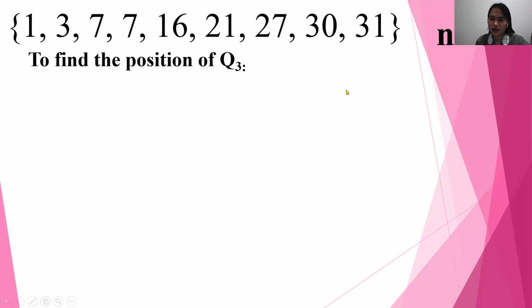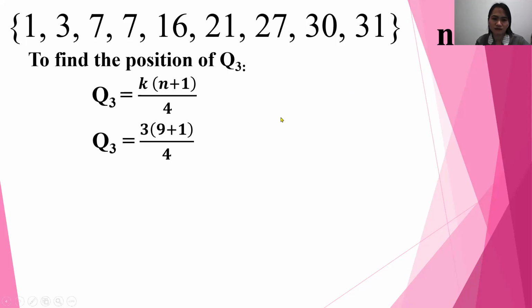the value of n, or the total number of distribution, is 9. Then, with the formula, if we will get the third quartile, our k is 3. Then substitute the values of k and n.